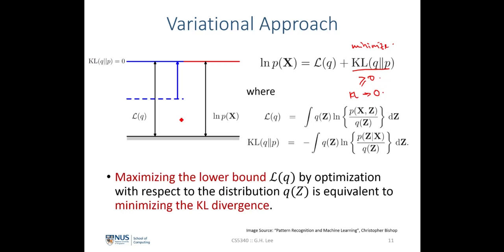And we can see from this figure that when the KL divergence reaches 0, the lower bound is being pushed up to this particular term here. What this means is that minimizing the KL divergence between Q and P is also equivalent to maximizing the lower bound over the proposal distribution Q.